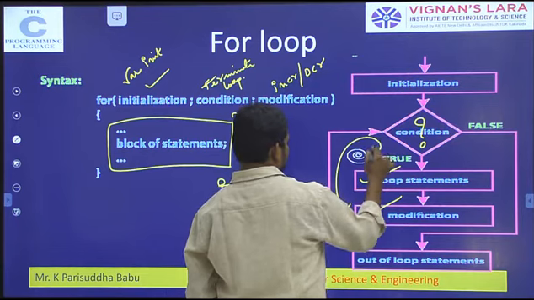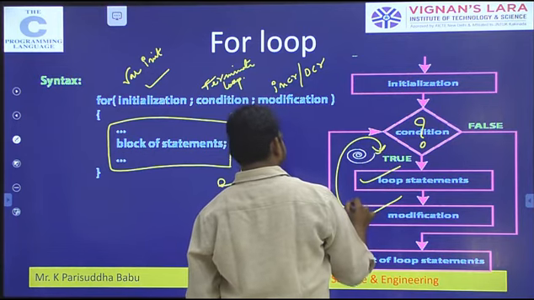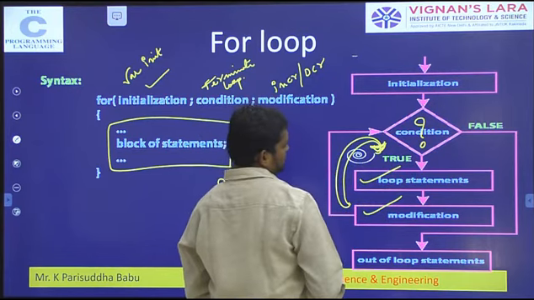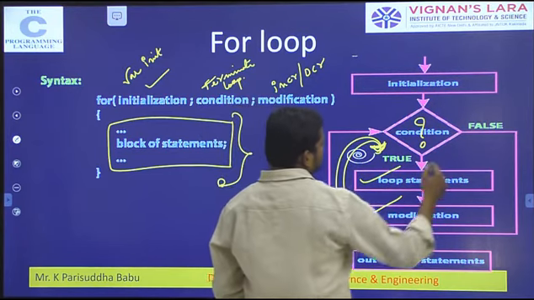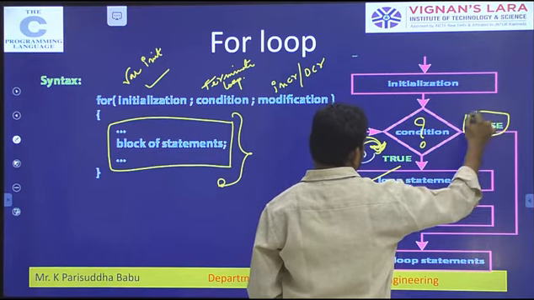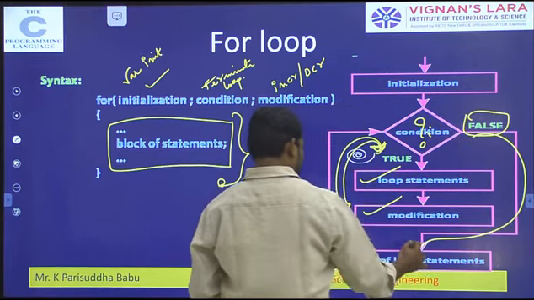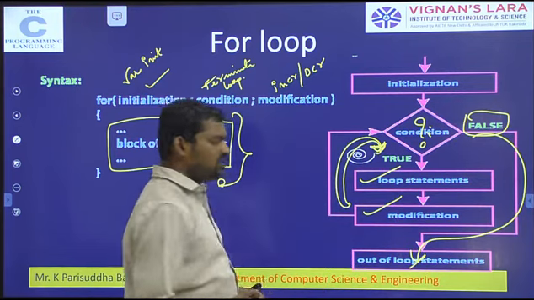After that it executes repeatedly. If this condition is false, automatically it goes out of the loop statement.